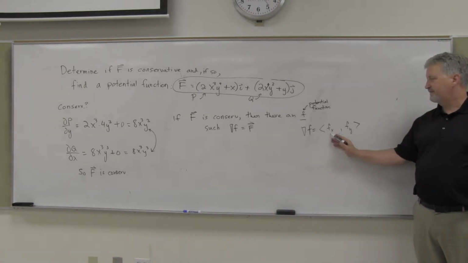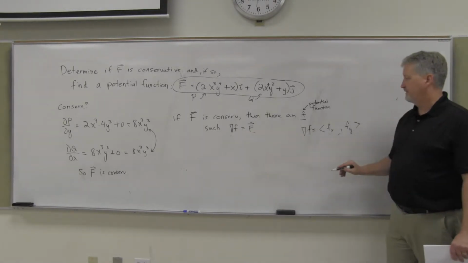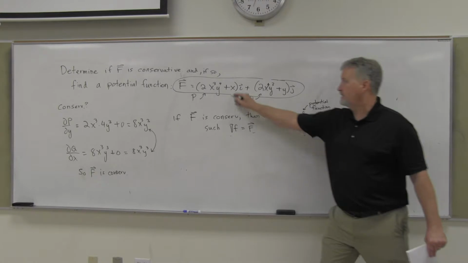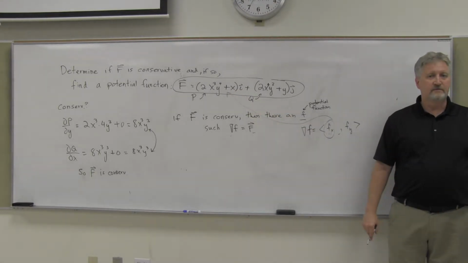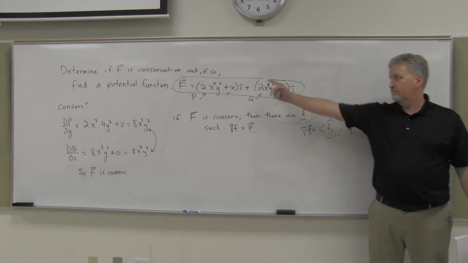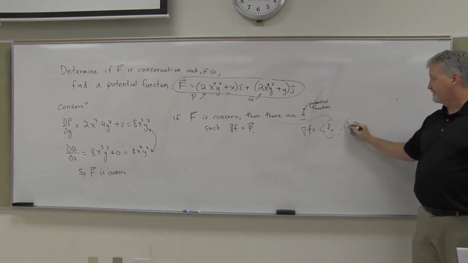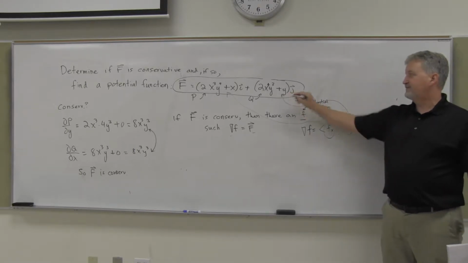The gradient of f, the first component is the partial with respect to x. So wouldn't this, since I want the gradient of f equal to F, wouldn't this equal that? That's what I need this first component to be. The second component, partial with respect to y, needs to be equal to that.